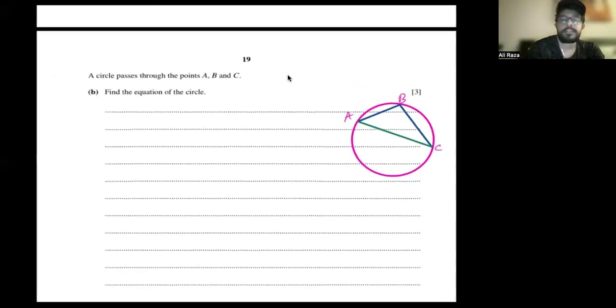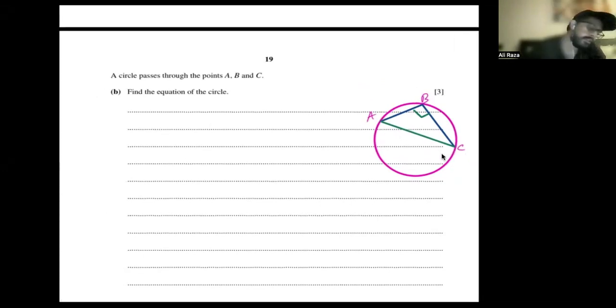Now there's the circle property that if a diameter is forming a triangle at the circumference, the angle is always 90 degrees. And since AB and BC are perpendicular to each other, this means that angle B is a 90-degree angle, which makes AC the diameter of the circle.